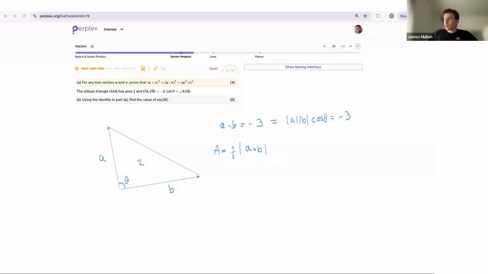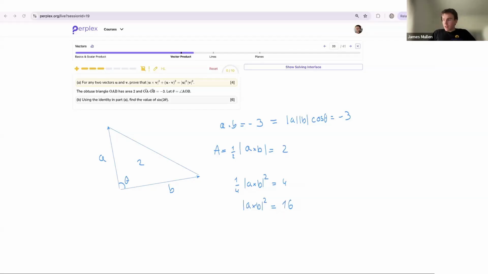And now what I can do is think about the identity that I have, which involves the magnitude of A cross B squared. So the area here is equal to 2. What I'm going to do is square both sides, and I'm going to say that 1 over 4 |A cross B| squared is equal to 4. Or in other words, |A cross B| squared is equal to 16.